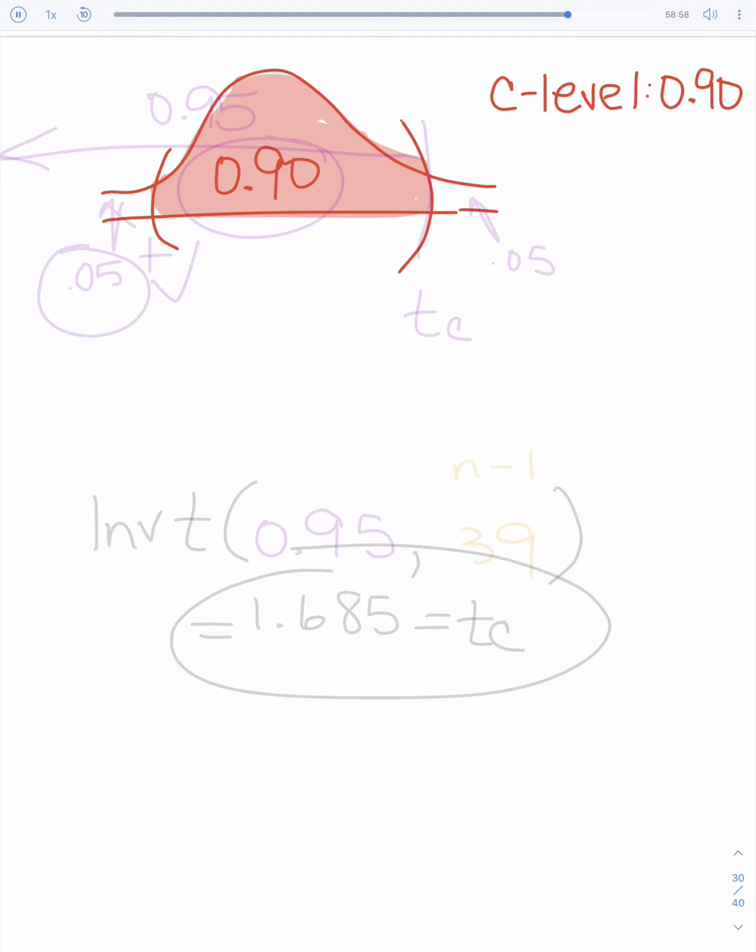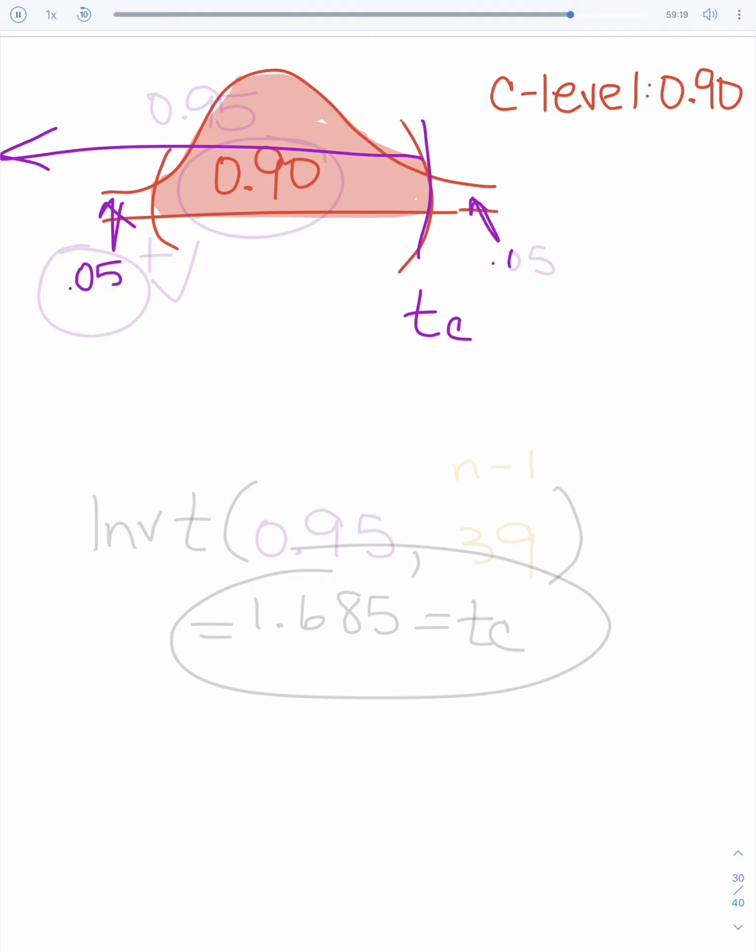You can use your calculator, or you can use your table, your T-table, to find your critical value, T sub C. Either way, you're going to need an area to the left. If we've got 0.90 in the middle, that means each end is going to be 0.05.